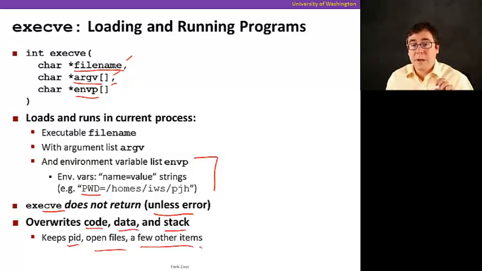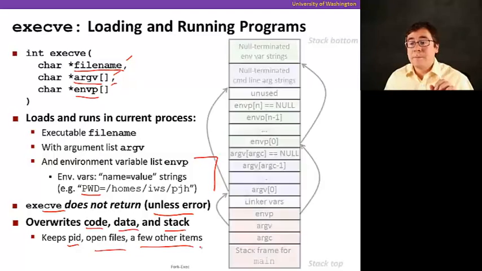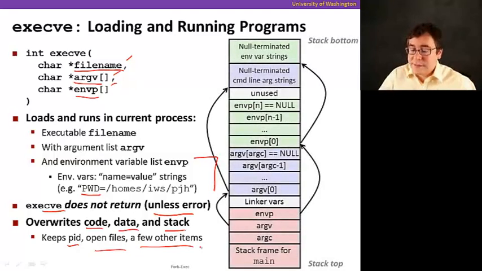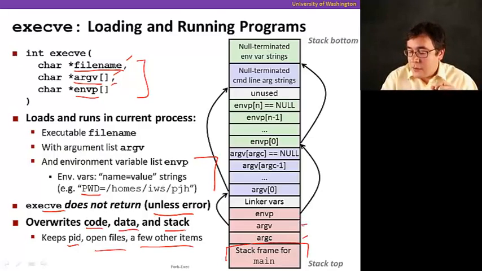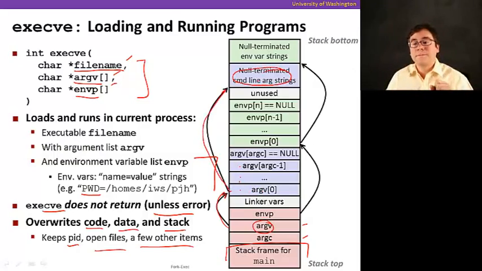Now, let's see what this collection of data structures looks like in memory. That's a stack frame for main. We have the argument count and the vector of arguments. It points to a vector, and each entry in this vector is a pointer to the strings with the command line arguments.